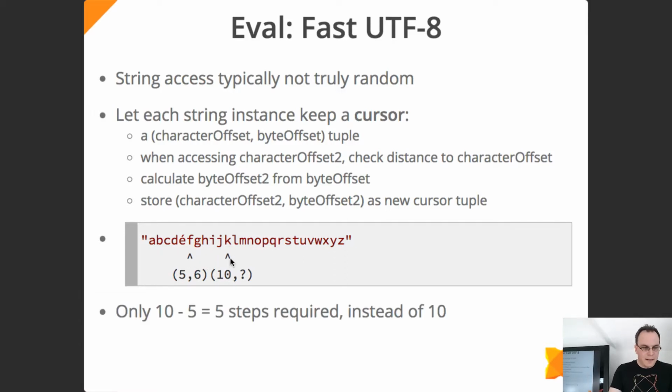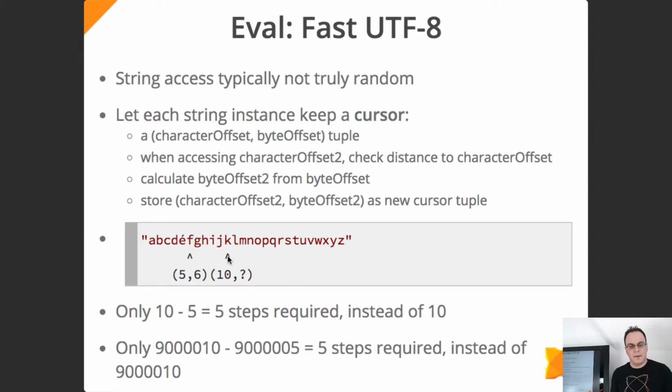And that means we only have to do 5 steps instead of 10, because it's only 5 characters we have to cross over. That doesn't sound so impressive, but if we imagine that this string was a bit longer, and just add an arbitrary number there, you can see this might be a bit better than this. Just a little. And that's the basic idea that we went for.